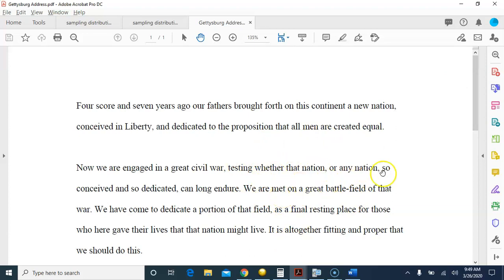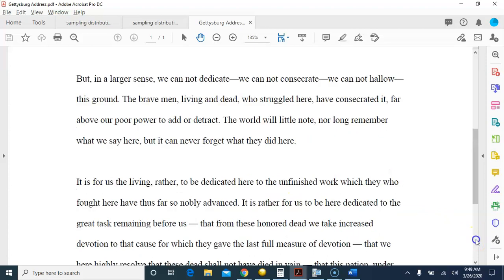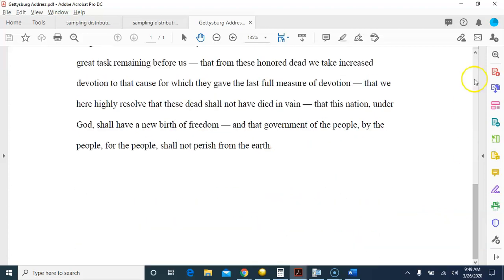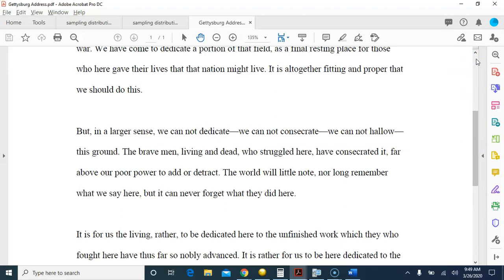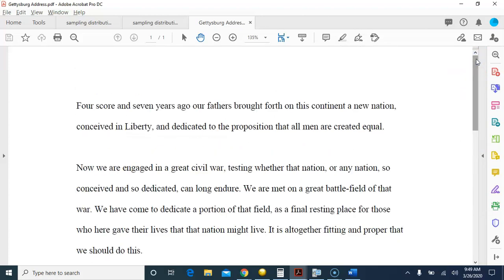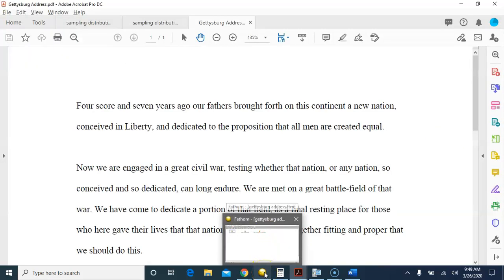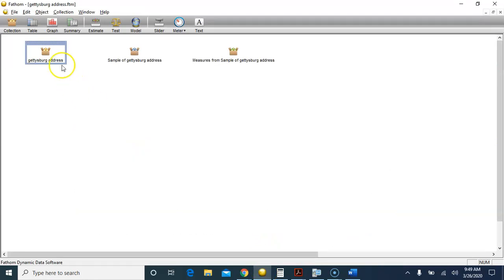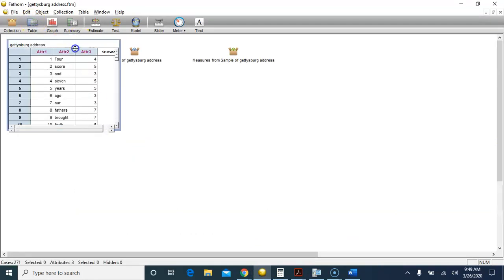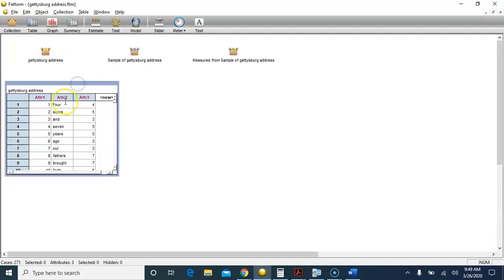I have this population, which is the words in the Gettysburg Address, and I would like to know the average length of the words in the Gettysburg Address. But instead of examining all of the words, I'm going to examine a small sample of 5 words from the Gettysburg Address. So here are the words in the Gettysburg Address.